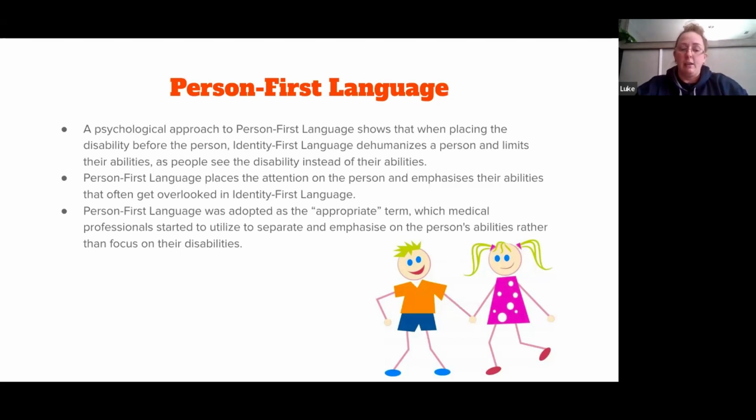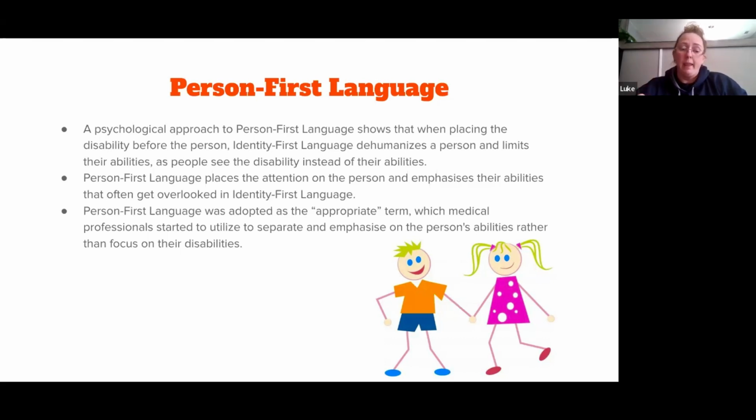Bozeman and Teese's study was in 2004, or 2024, I'm sorry, and it conducted a survey that was put out to 313 individuals, but only 215 individuals completed the survey. It focused on the perceived consequences of person first language and identity first language.